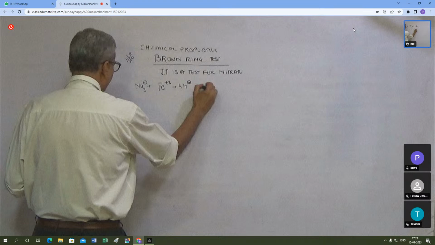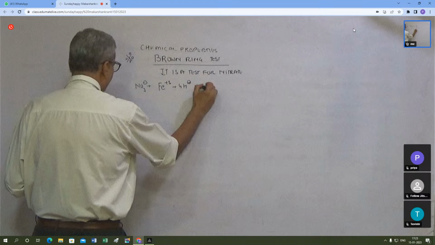Now, freshly prepared ferrous sulfate is basically Fe(H2O)6 2+. So ferrous sulfate, this is plus 2, and it is balanced by sulfate.